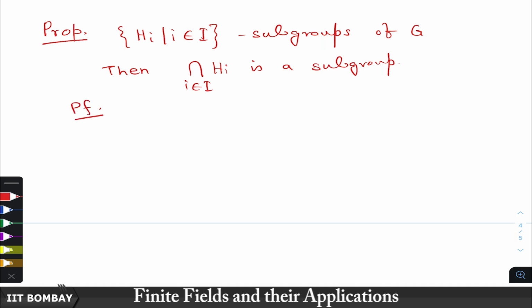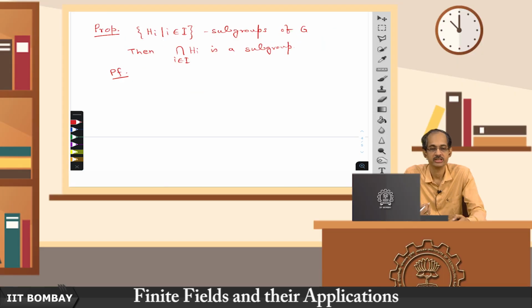Well, very simple, we just use that single condition that is necessary and sufficient for proving a subset to be a subgroup. If you take g and h to be in the intersection, then we will show that g h inverse, or g inverse h, we wrote g h inverse, but it does not matter, is also in the intersection.